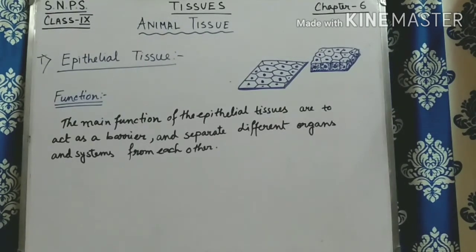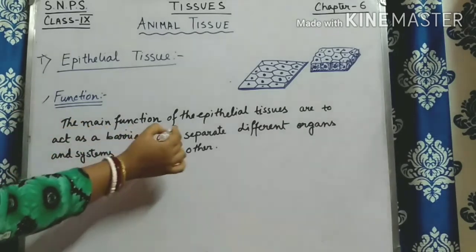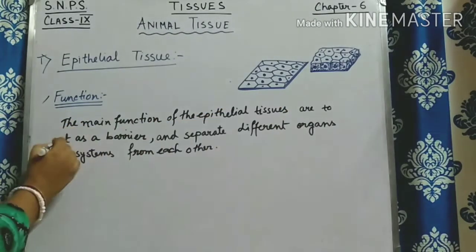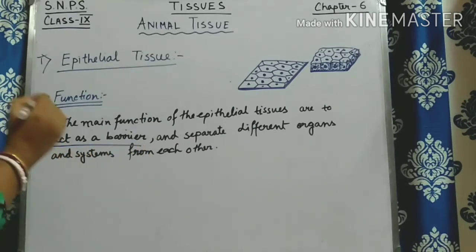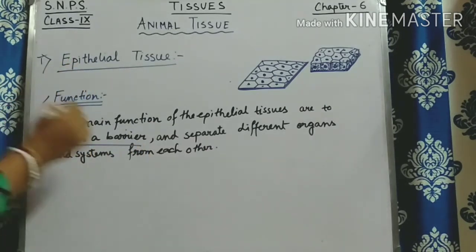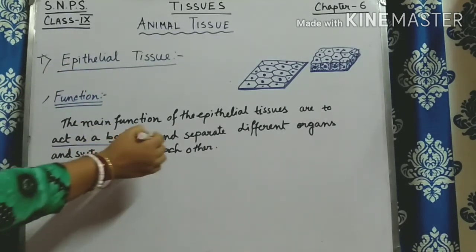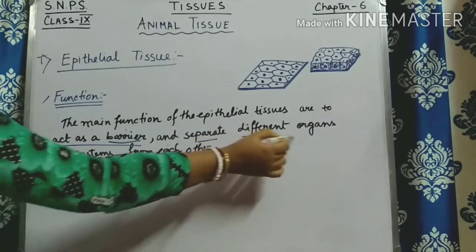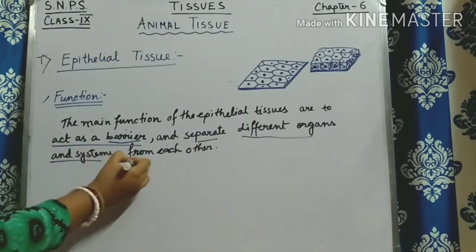Now, let's see the function of this epithelial tissue. The main function of the epithelial tissue is to act as a barrier. They separate different organs and systems from each other.